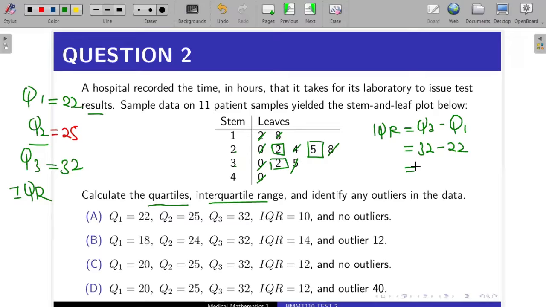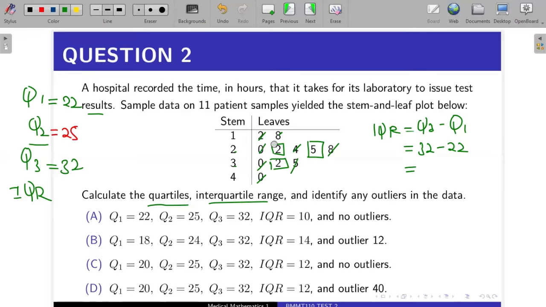Let me look at this again. The Q1, I found it was 22. I think I made a mistake there. I should have found 20, right?